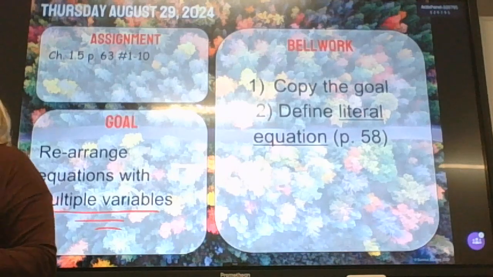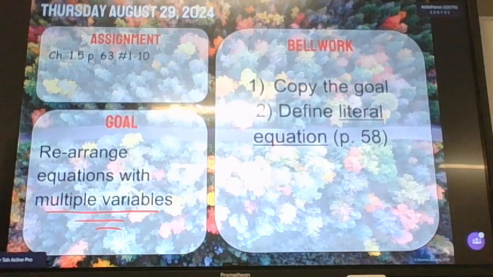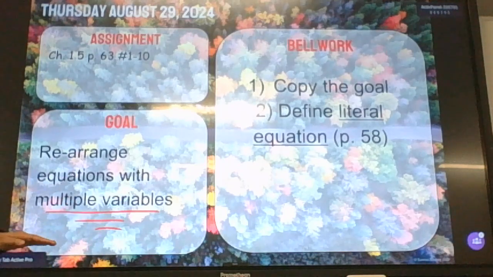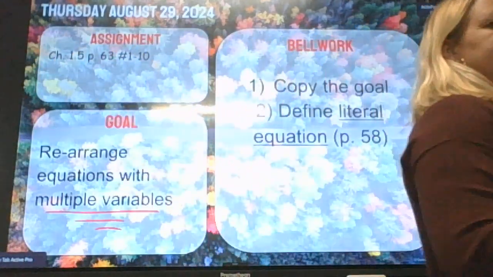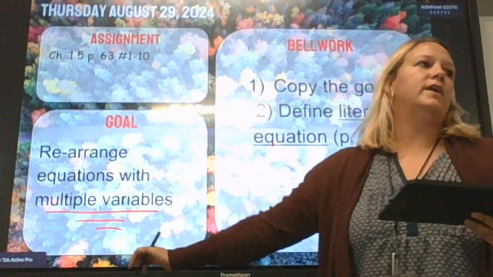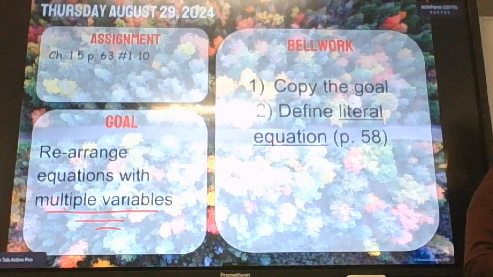I just said what's making this section so difficult is this. It's multiple variables. There's more than one letter in every equation. We're not even solving them. We're rearranging them. Okay? It's like you have furniture in a room. You got your dresser.